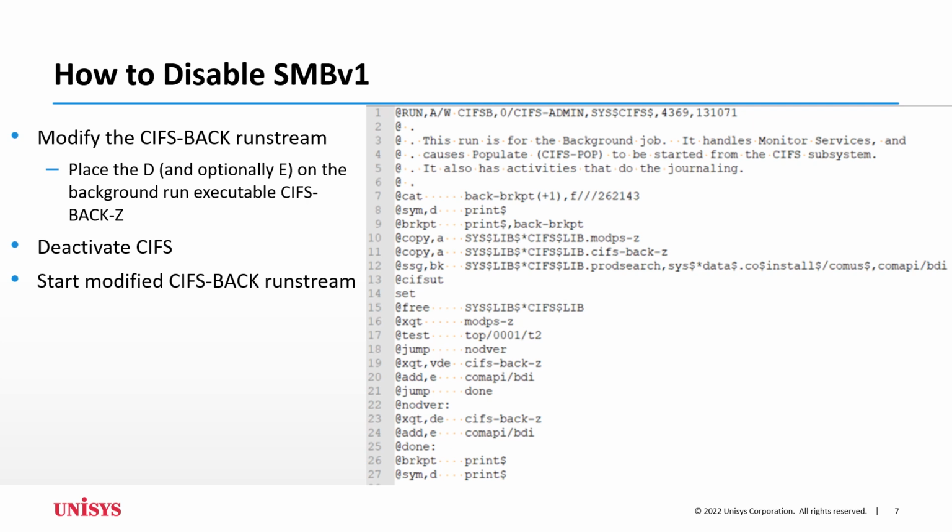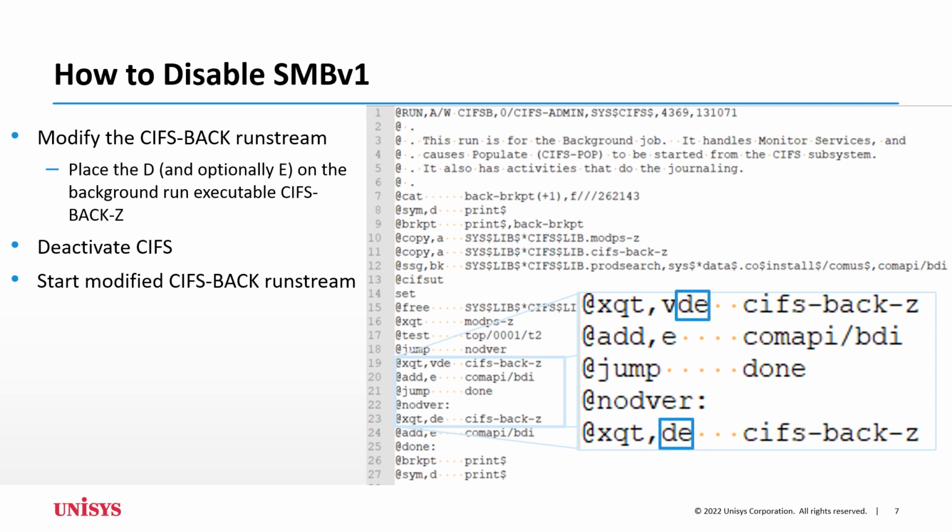For example, @XQT, D, E, CIFS-back-Z. Now start the modified CIFS-back element to put your requested D and/or E options in effect.